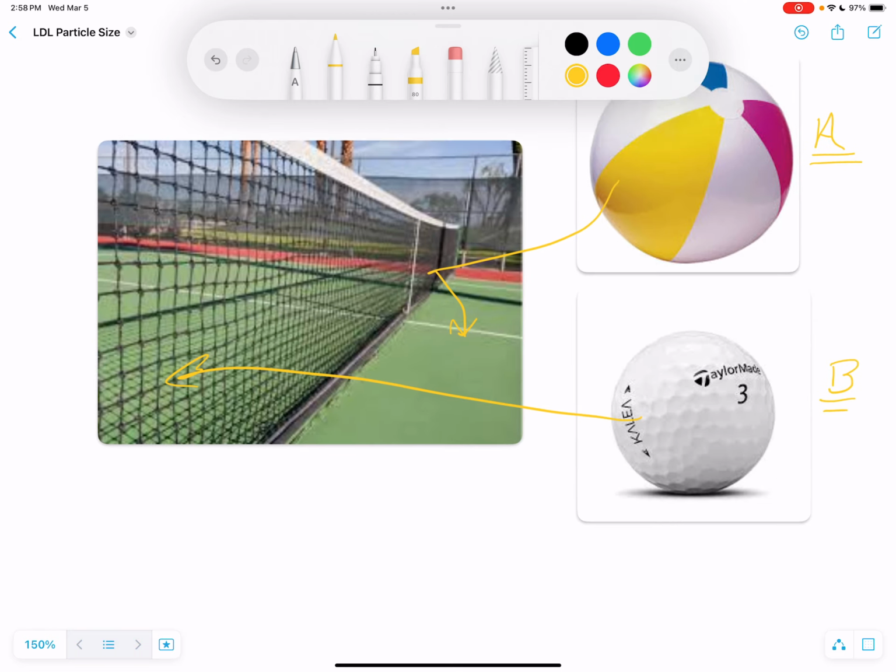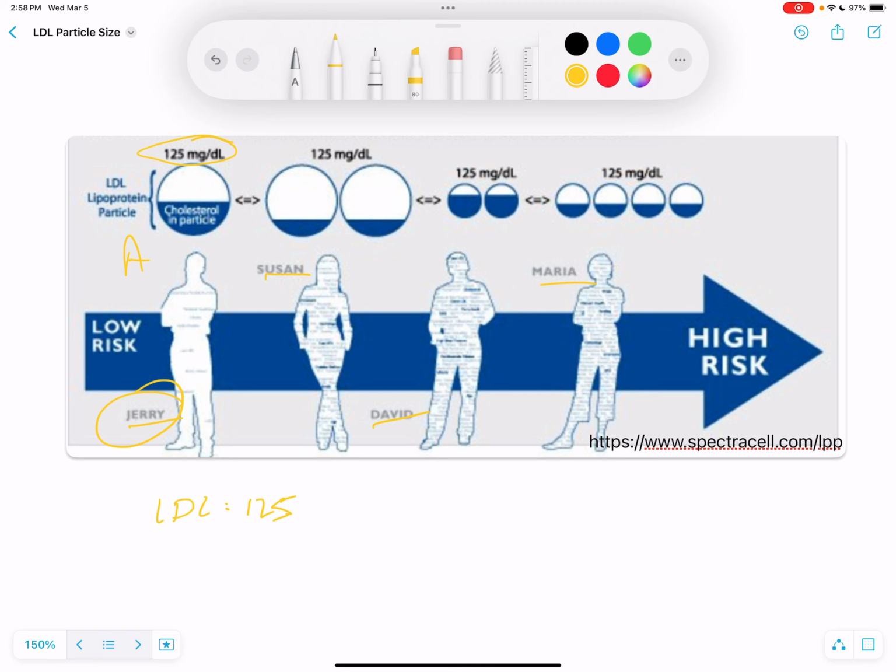We're not concerned with that. This would be a low risk individual, whereas Maria has the exact same LDL on a standard lipid panel, but when we parse that out and look at the particle sizes, we see that she has a large number of small, dense particles. Those are the ones that have the potential to cause atherogenesis and heart disease.